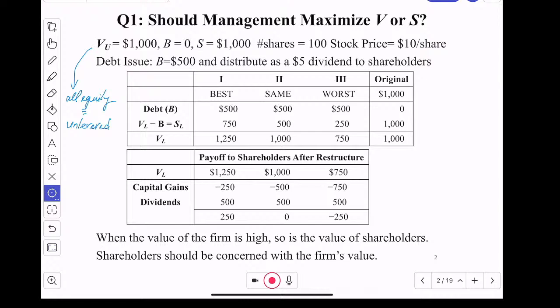So the value goes up to 1,250. The capital gains is actually a capital loss. They went from 1,000 to 750. But en masse, there was $500 in dividends distributed. So this is the payoff to shareholders after the restructure from all equity to a levered firm. So this is why shareholders are better off. All right, it's not because of this loss in the valuation, it's that they actually receive this dividend.